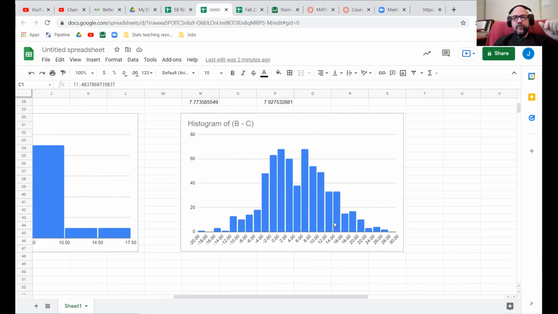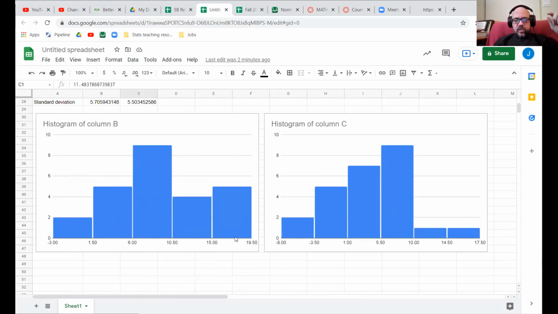And that's because when I take something that's over here and subtract off something that's over here, the biggest thing in B minus the smallest thing in C gives me something that's bigger than is in either column. Similarly, when I take the smallest thing in B and subtract off the largest thing in C, I get something that's much more negative than anything in either column.